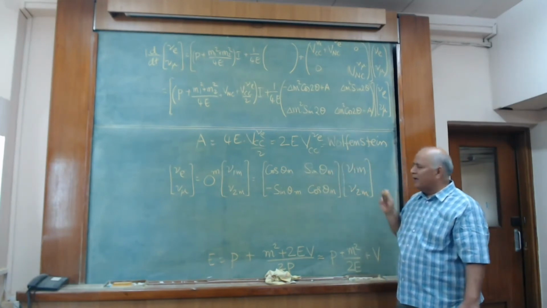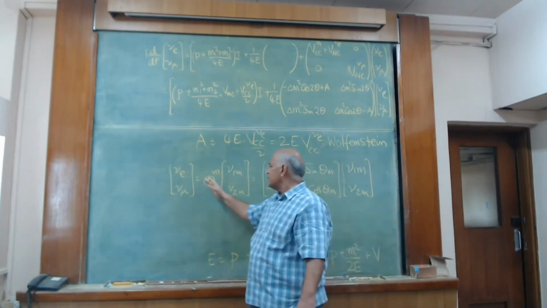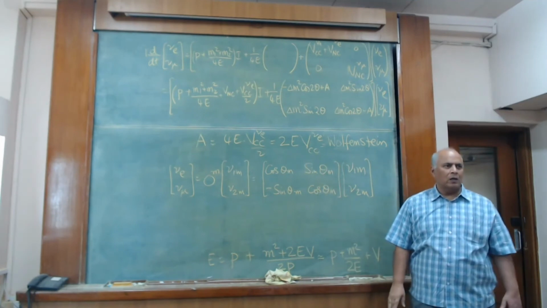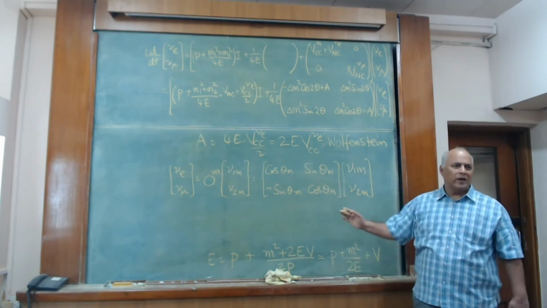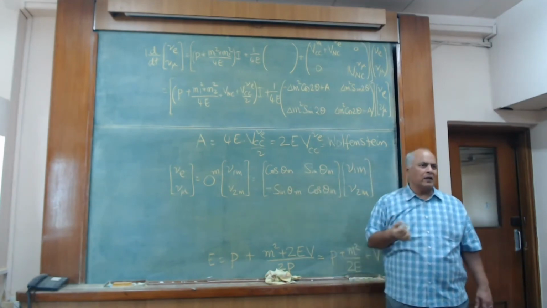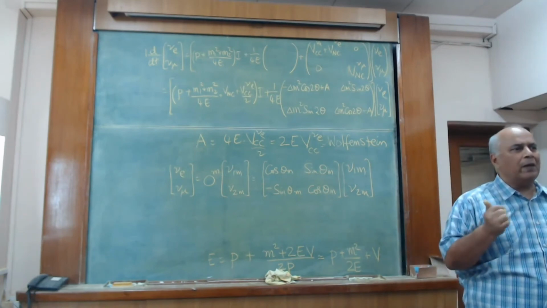And the nu1m, nu2m basis is related to the flavor basis through this orthogonal transformation. It looks just like the vacuum transformation, except that I'm calling my mixing angle theta m. That is, it is modified by matter effects.